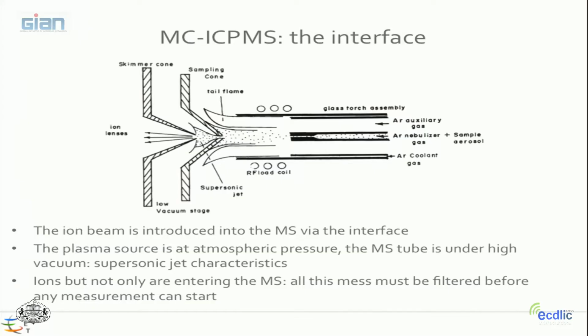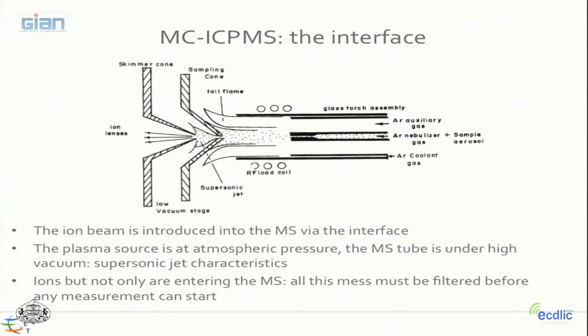Then you have ions, but you are still at 1 atmosphere with air. You need to bring all these elements inside a mass spectrometer with a vacuum of 10 to the minus 9 atmosphere. This is the tricky part of the ICP-MS.